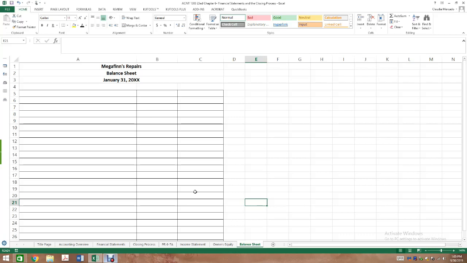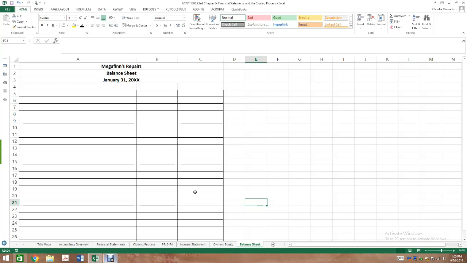Okay? So, this is known as a classified balance sheet, also because we're going to be grouping specific items together. Our assets are going to be classified as either current assets or property, plant, and equipment. Current assets are basically any assets that are going to be consumed or can be converted to cash easily, maybe within a year.